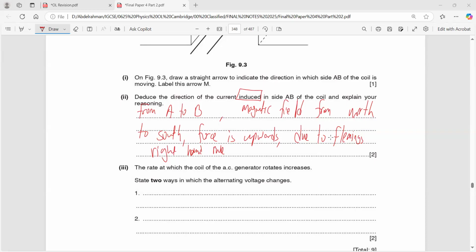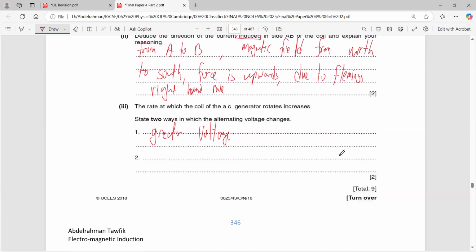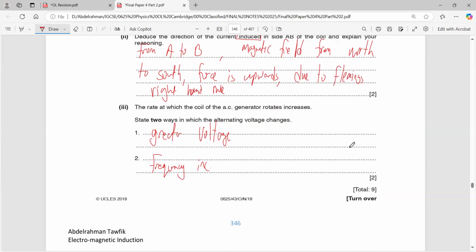So instead of it being 7.2, it would be much higher. It would also have a higher frequency. Why? Because the speed has increased. You're creating more waves in a shorter amount of time. So the frequency increases as well.